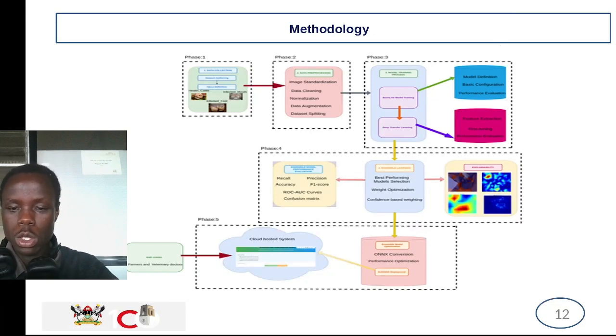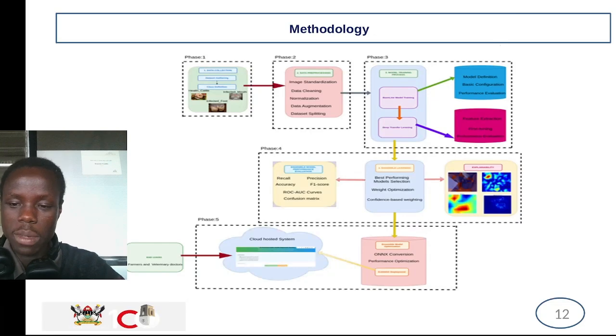So we wanted to enhance our predictions and the performance of our models. That's why we carried out ensemble learning. The techniques we used were average weighting, majority voting, and performance weight voting to get the best performing models.